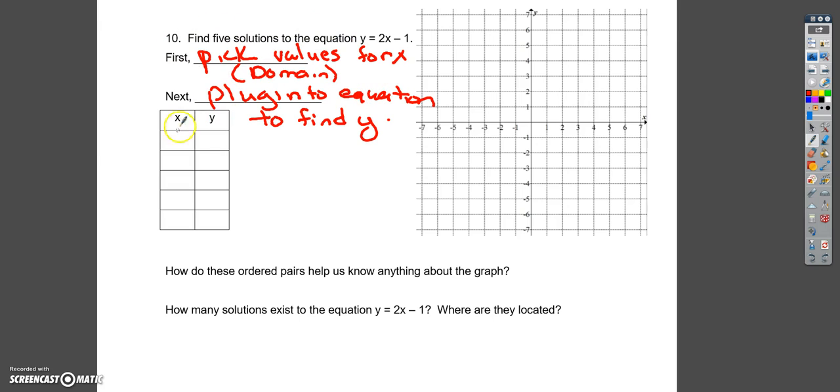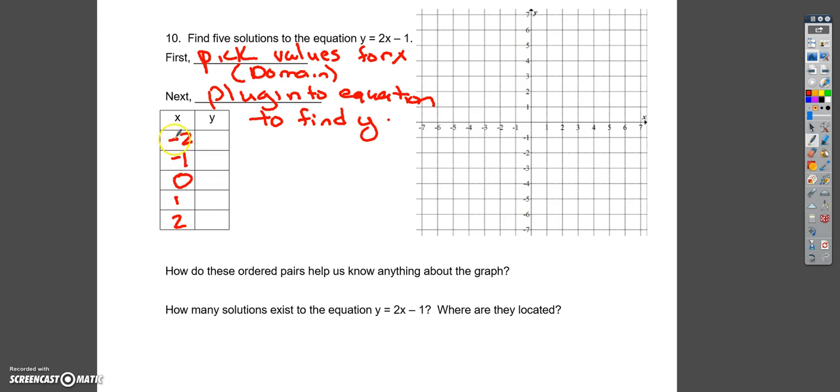So plugging it in, we need to pick our values for x. It's always good to pick 2 negatives, 0, and 2 positives. And it doesn't matter which numbers you pick. But you don't want to pick x equals 15 because then you're going to have to make a graph that goes all the way out to 15.